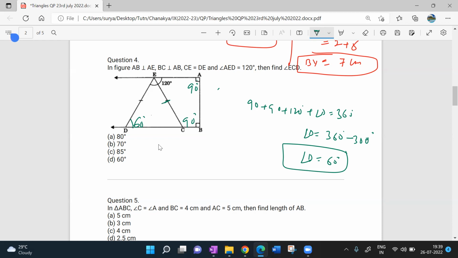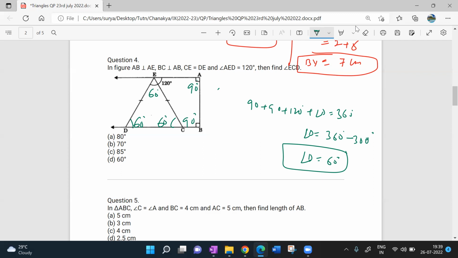So this is an equilateral triangle, and E is also 60 degrees. The remaining angle from 120 is 60. Very good, Nihal. What is the answer? ECD is what is being asked.